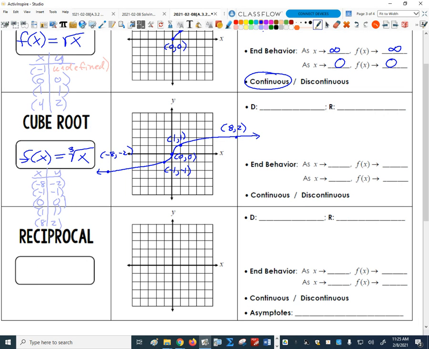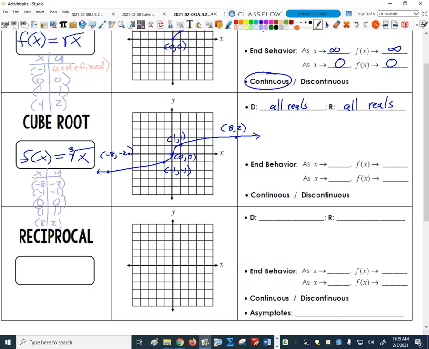Okay, well, what's my domain? Well, there's no x value the ant couldn't step on, so that's all reals. And same with the y, right? I know this thing flattens out pretty quick, but if I go far enough to the right, I can go up as far as I want to. If I go far enough to the left, I can go down as far as I want to. So the range is also all reals.